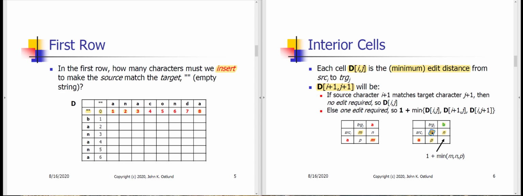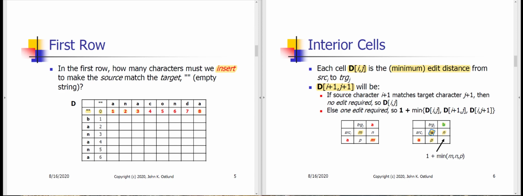And let's suppose it takes two operations to get one more character in the target, and perhaps also two operations to get one more character in the source prefix. So this is a 1, and these things here are 2's, let's say.